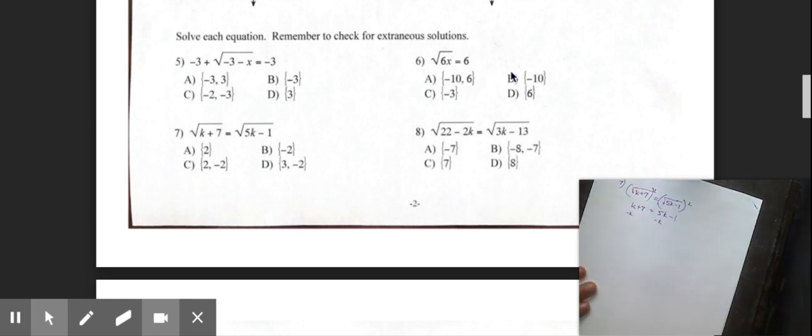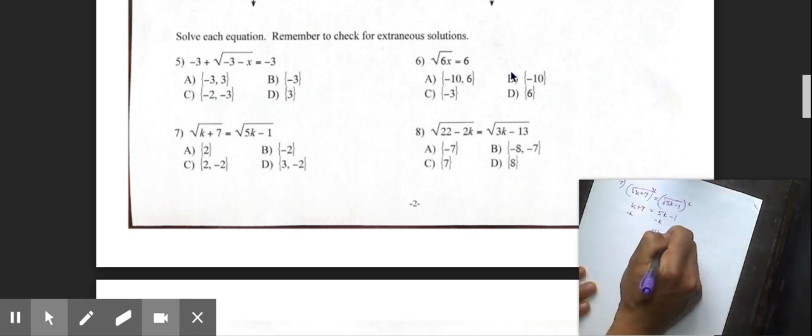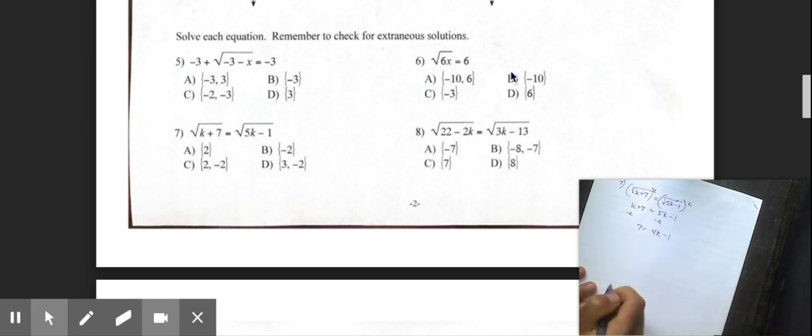Subtract 1k from both sides. Add 1 to both sides. And divide both sides by 4. So number 7, I am getting an answer of k equals 2. That's choice A.